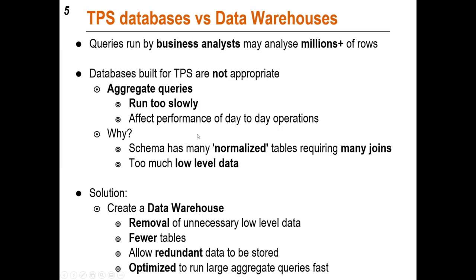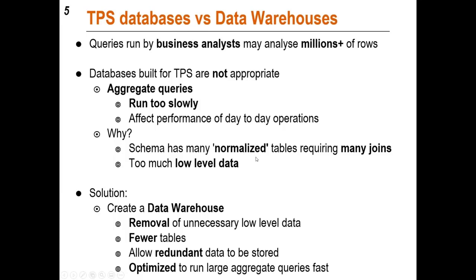So the queries will run very slowly, and then it will greatly impact our transactions in transaction processing systems. The reason is because the schema we have developed in transaction processing systems are normalized, right?